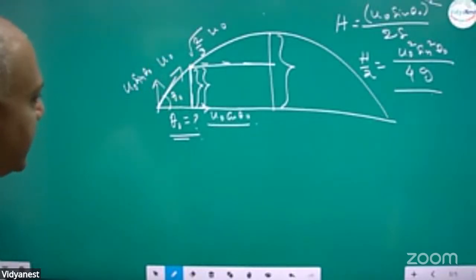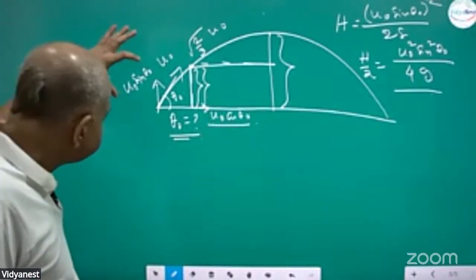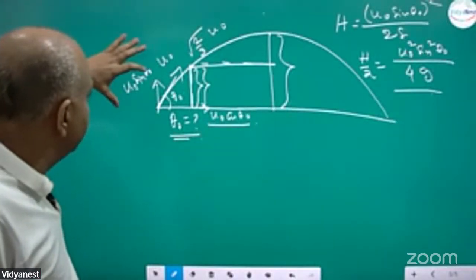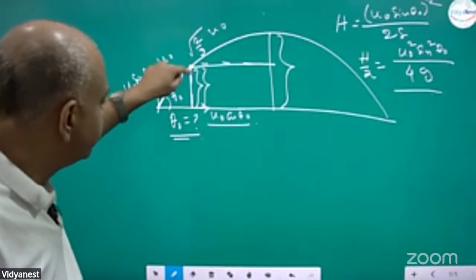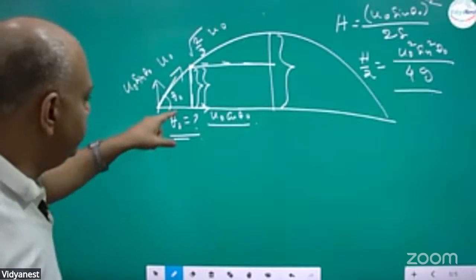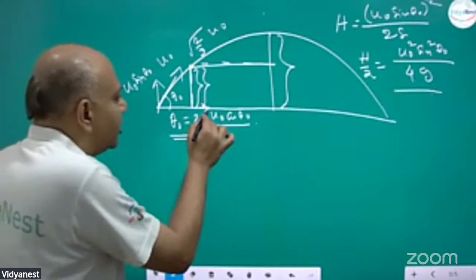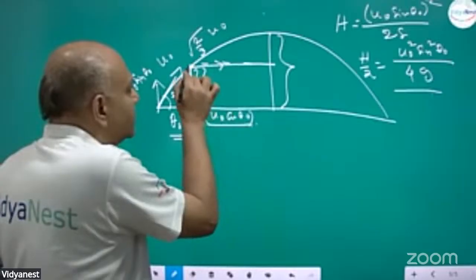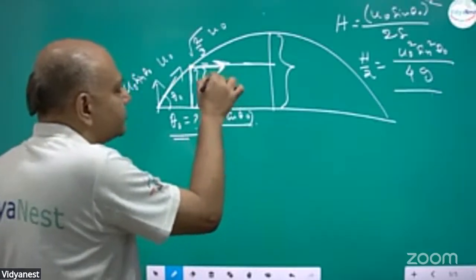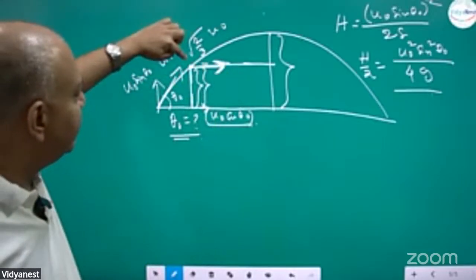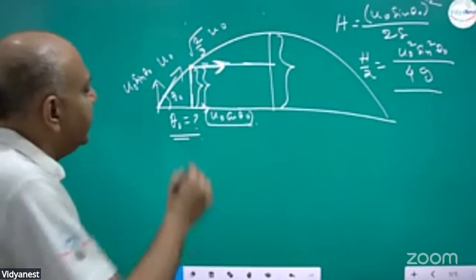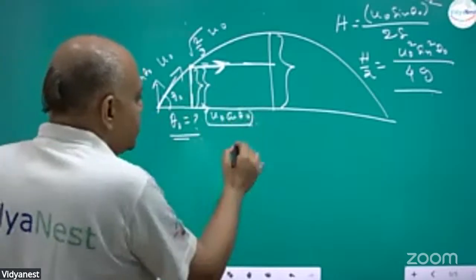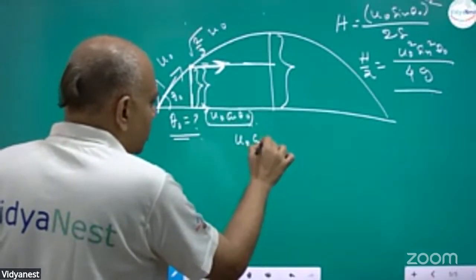Now at this position, the horizontal component is not going to change. The resultant velocity is 2/3 u naught, and it has a horizontal component u naught cos theta naught.